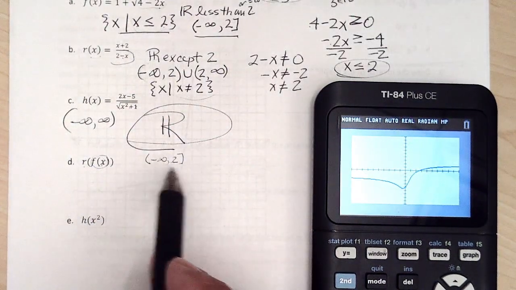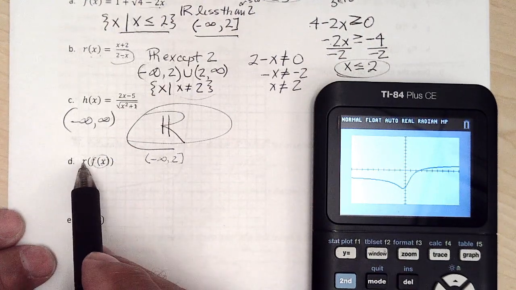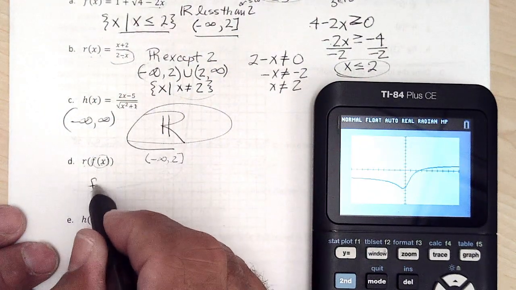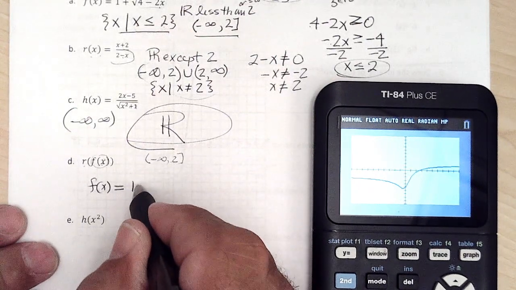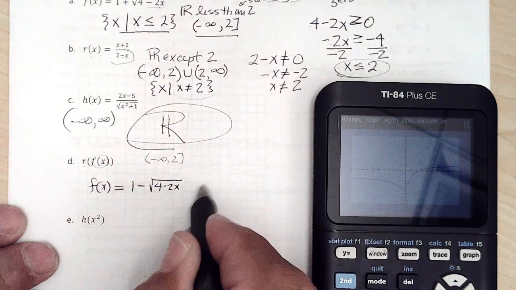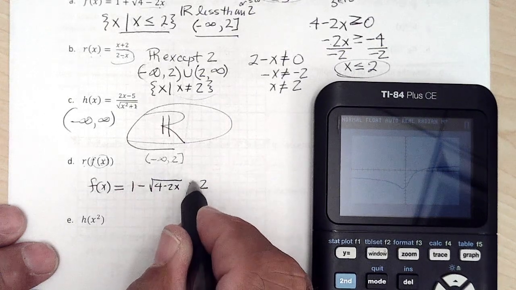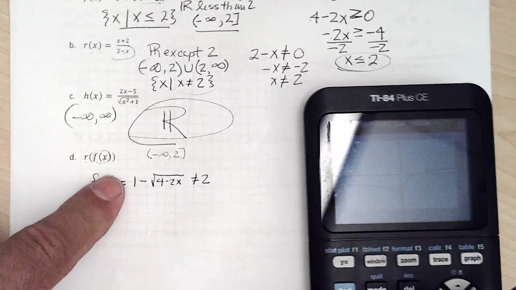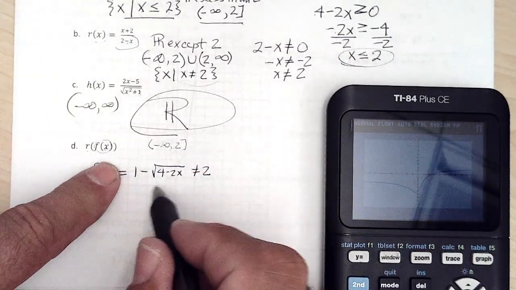So of all these numbers, if any of them produces a 2, we can't use it because we can't use it in R. So we have to look at f of x and see if there's an x that will make 1 minus the square root of 4 minus 2x come out to be 2, the number we can't use. So this can't equal that. So now let's solve this. So I'll subtract 1 from both sides.